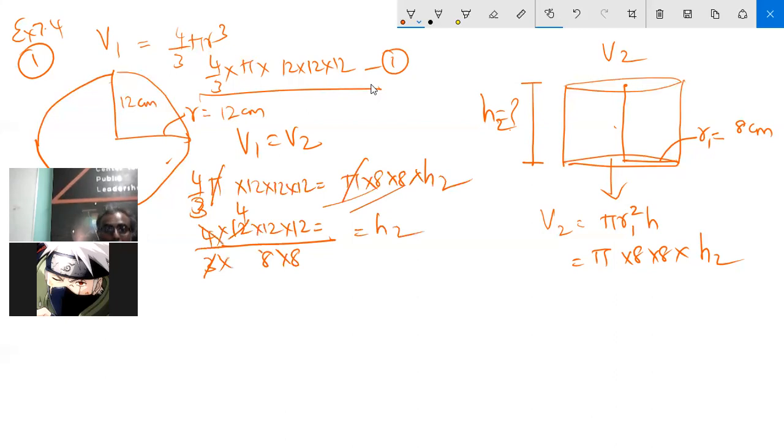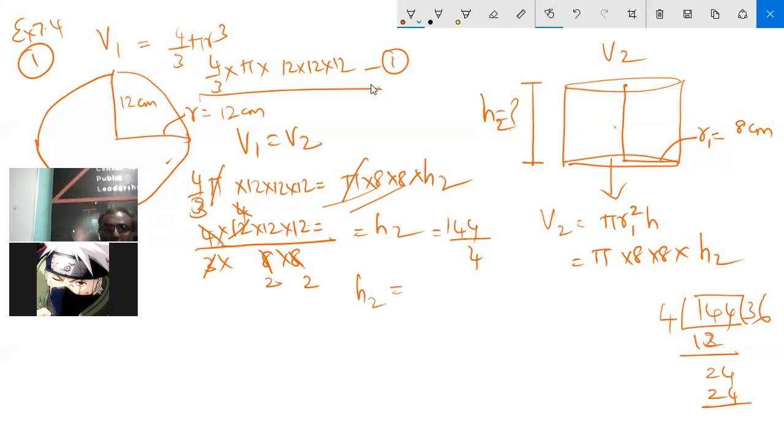This 4 will go 2 times. This 4 will go 2 times. So denominator equal to 4. 12 into 12 is 144. How much is 144 by 4? In 14 it will go 3 times, 12. Remaining 24 it will go 6 times. 36. So h2 is equal to 36. Very simple sum. Most important step is this one only.